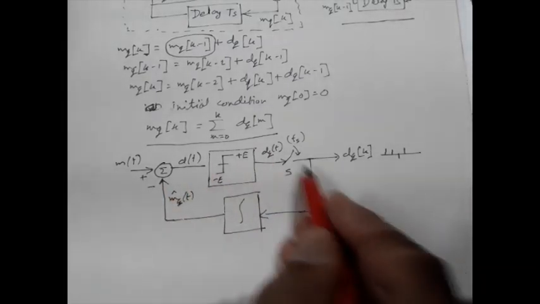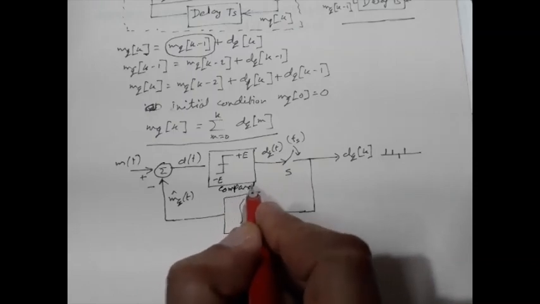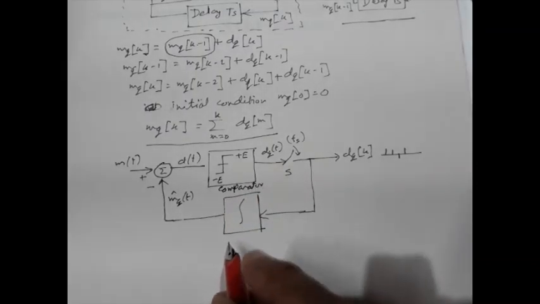So this is the modulator circuit, this one is the comparator, and this one is the integrator.